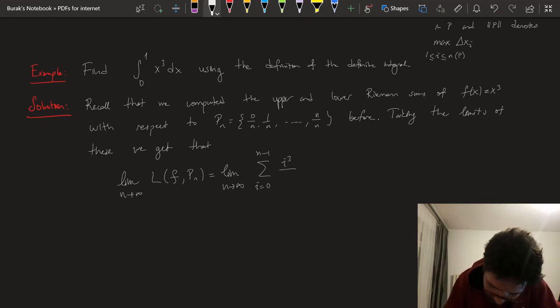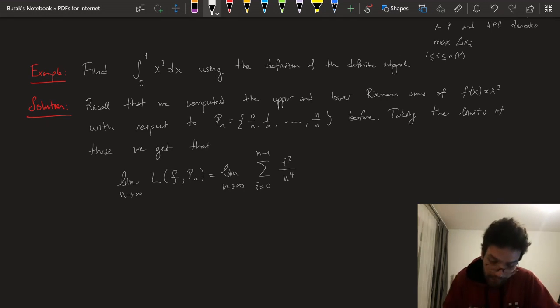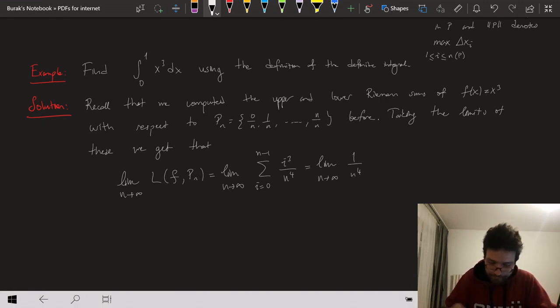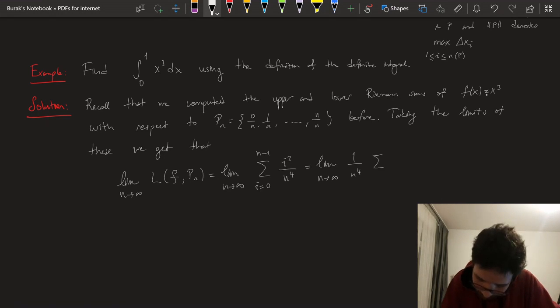Now, I can put this n to the power 4 outside the sigma because it doesn't involve any I. It's like a constant from the point of view of this summation.